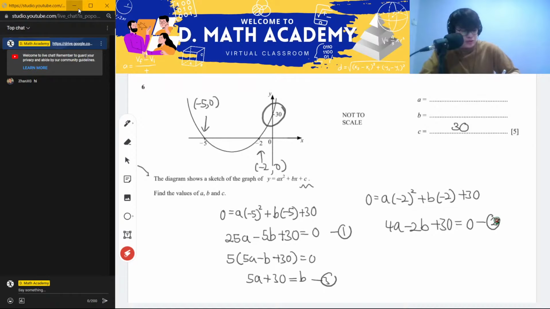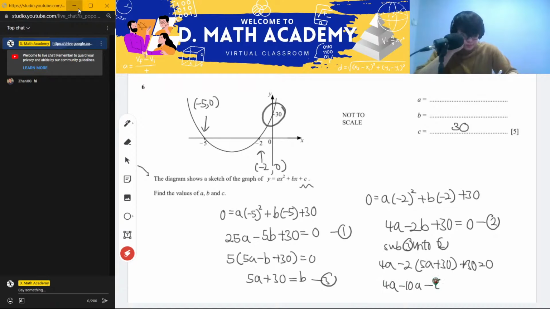So substitute 3 into 2. So with this calculation, I should end up with how much? Negative 6a and 30.